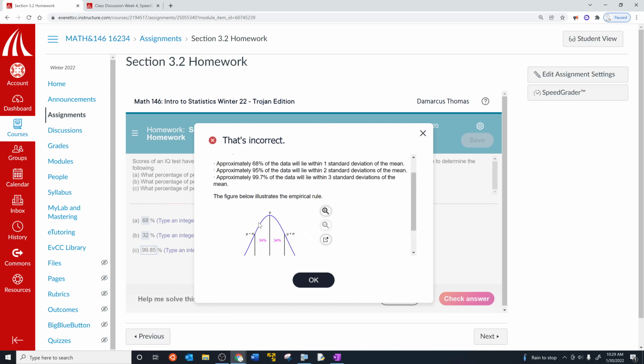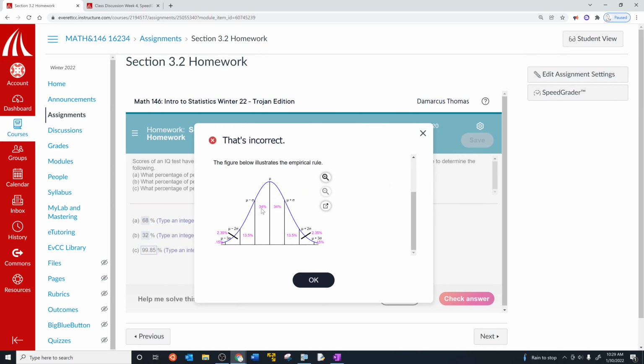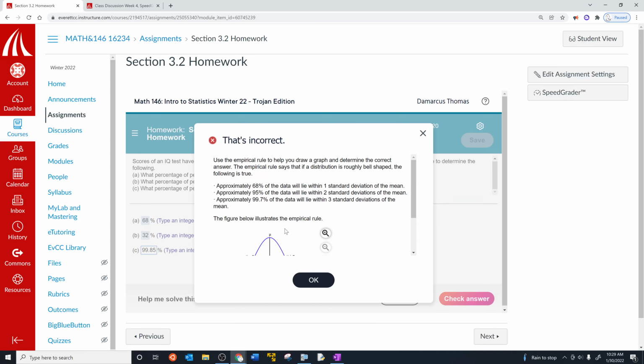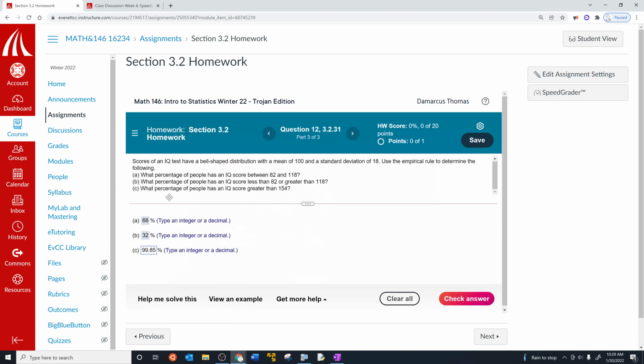Here's the empirical rule. 3 deviations is 99.7. And the question was, what percentage of people has an IQ score greater than 154? Oh, okay.